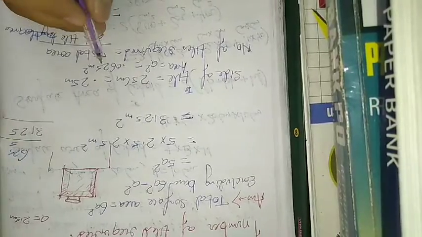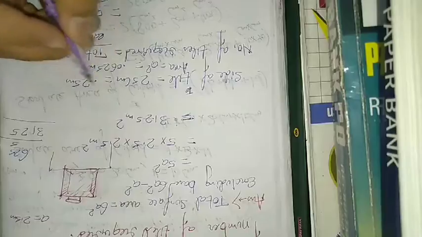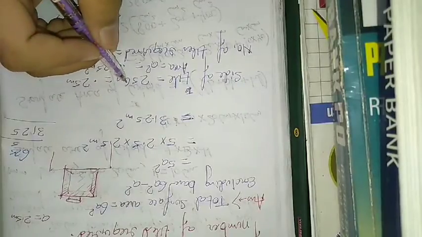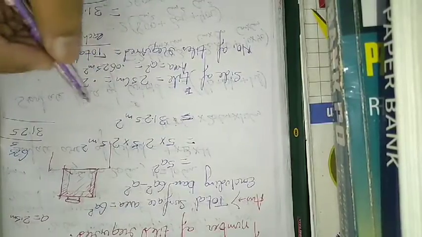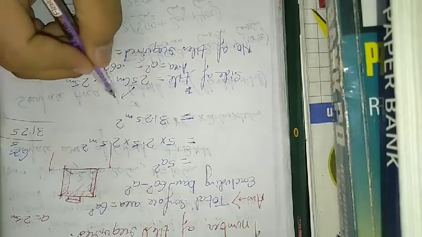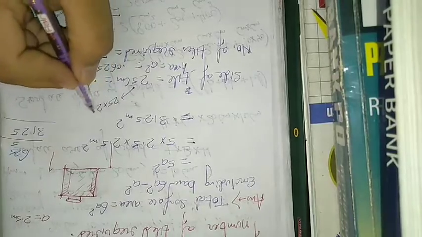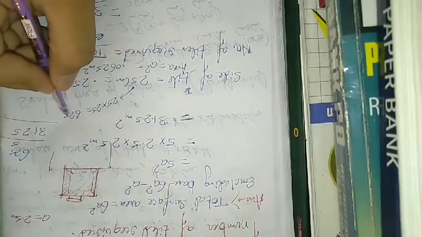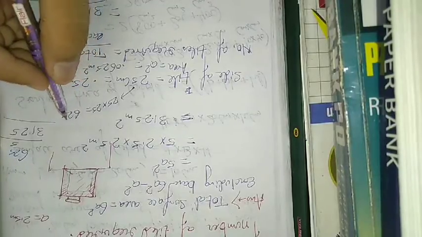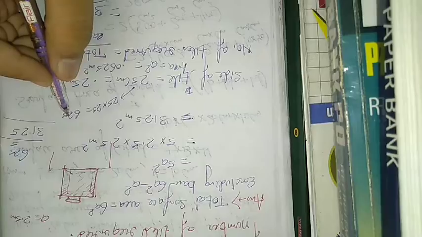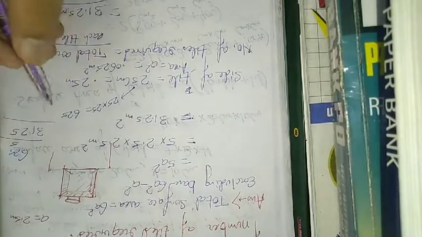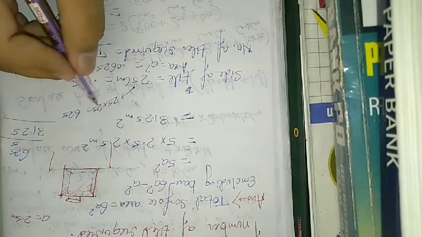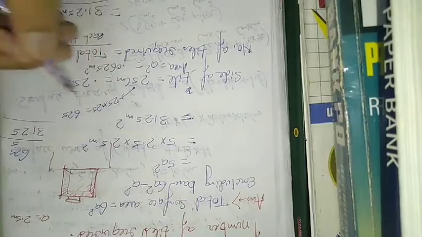How is it happening, students? 25 centimeter, the area of the square tile will be side square, means 25 into 25, that gives you 625. So it's 0.25, and it is actually 0.25 meter.